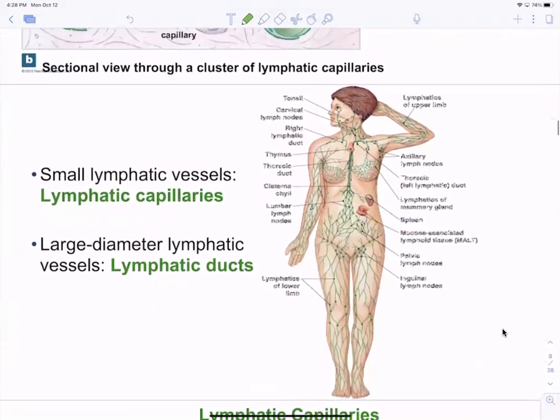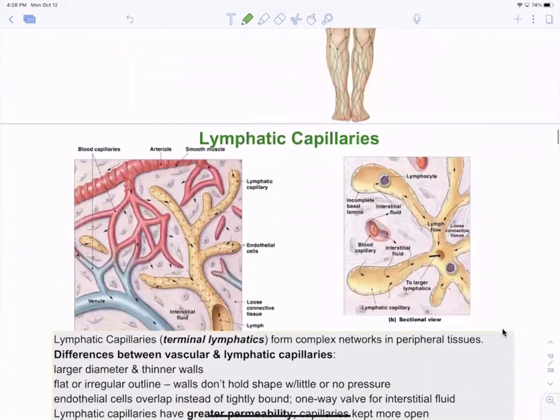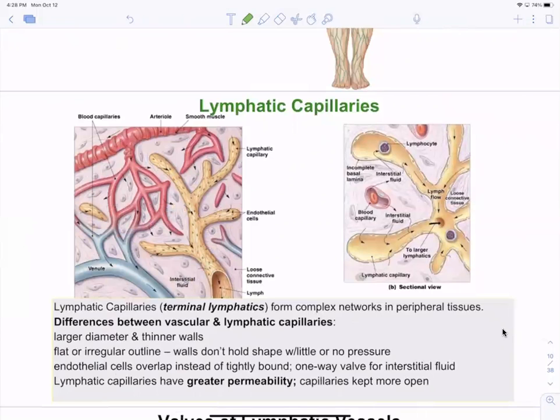Lymphatics, again, are like veins. They tend to be near where arteries and veins are. And so the lymphatic vessels are thinner walled, larger in diameter, and very permeable because they take up that extra fluid.